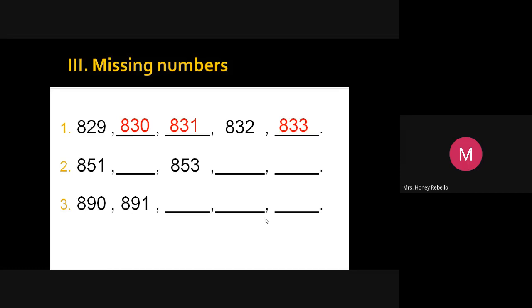Just see, all hundreds number is the same, 8. So from tens number, you change it. Add 1. 29 plus 1, you will get 30. 30 plus 1, 31. 831. 832 is already given. 833.